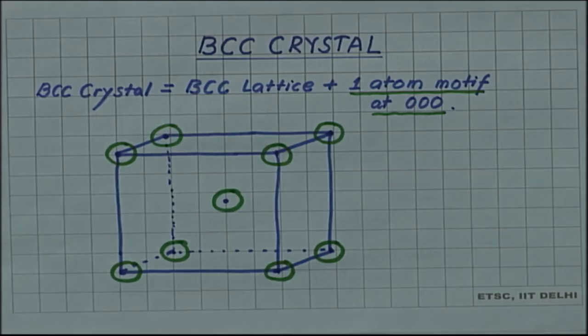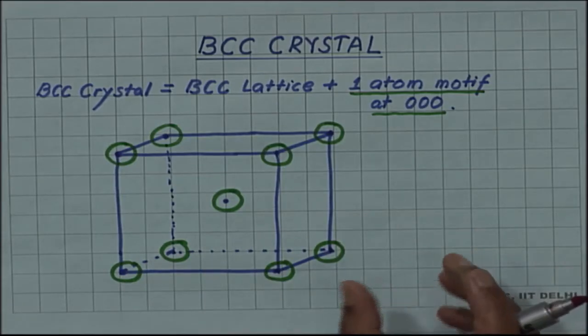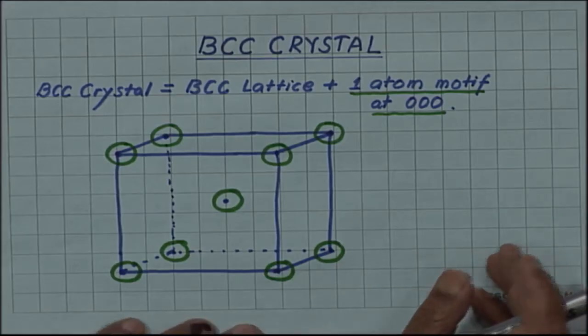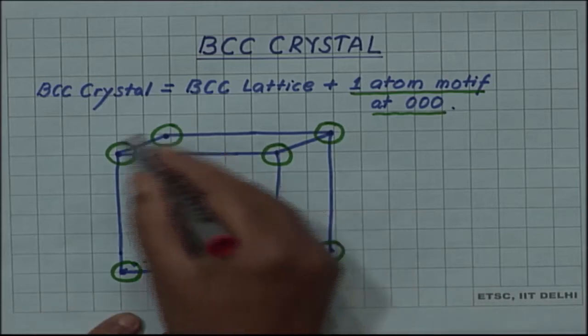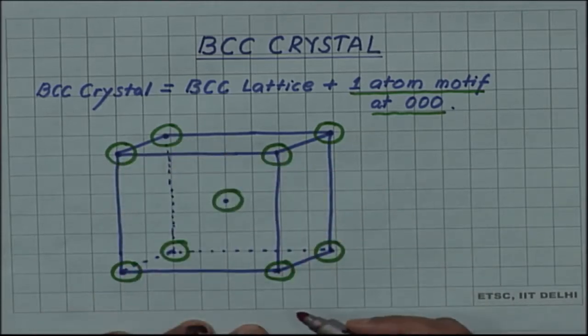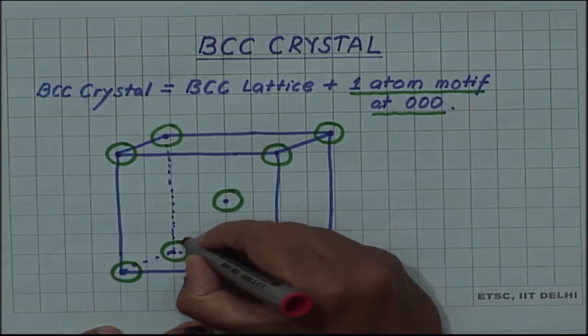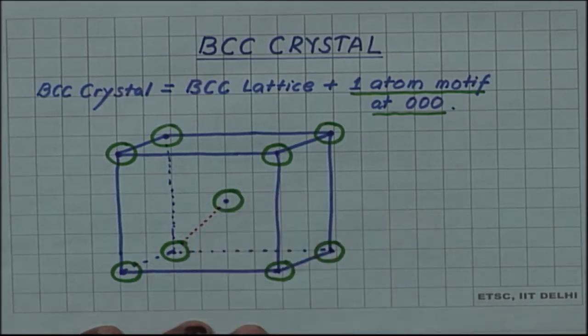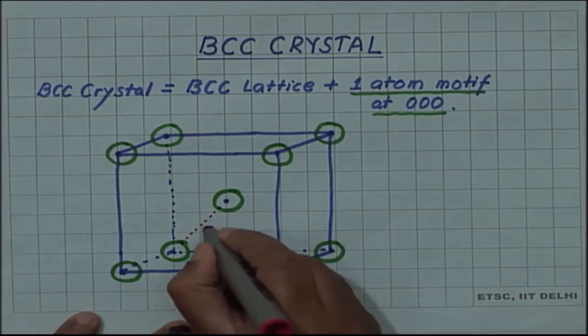One more important thing to note is that in this drawing I have drawn the atoms well separated, but in most real BCC crystals the central atom is closest to all the 8 corner atoms and it is assumed that they are in contact. So, the center atom and the corner atom are in contact.